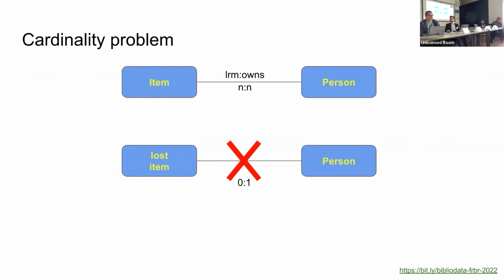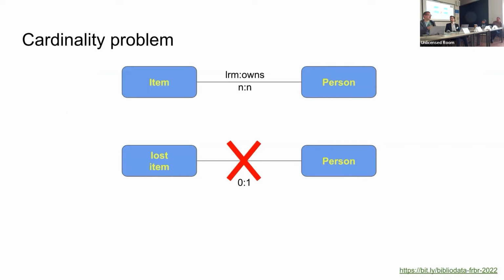Another problem is the cardinality problem. In library catalogs, usually you cannot describe objects which are not in the library. However, in the historical sense, we are working with objects which once probably existed.